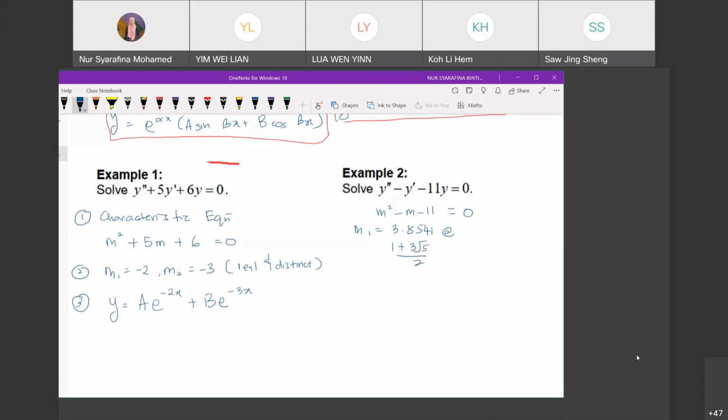Another one is m2 equals minus 2.8541, or (1 minus root 45)/2. This is real and distinct, so just substitute into the solution.